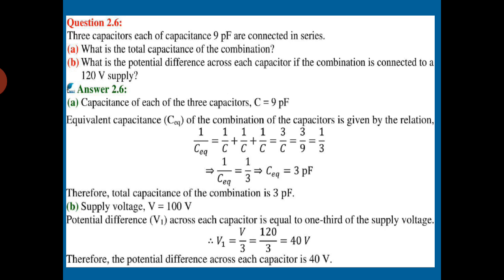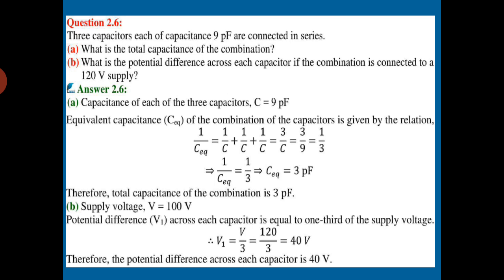B part. What is the potential difference across each capacitor if the combination is connected to a 120 volt supply? You are to calculate the potential difference across each capacitor. Now we know when a number of capacitors are connected in series, the charge on each capacitor is the same but the potential gets divided. However, the sum of the potentials is equal to the potential applied.